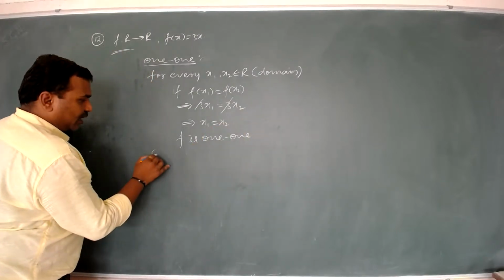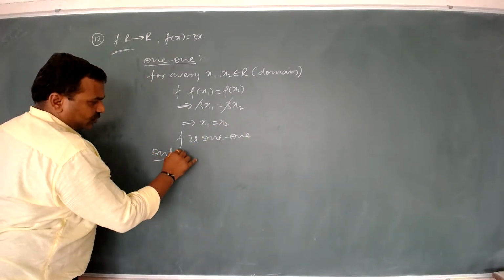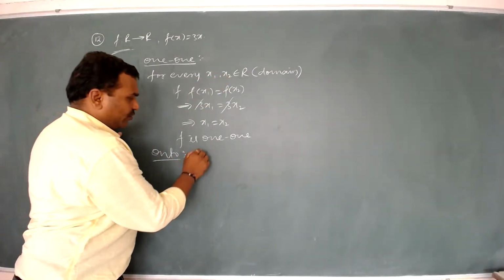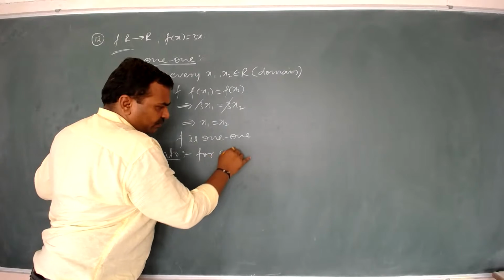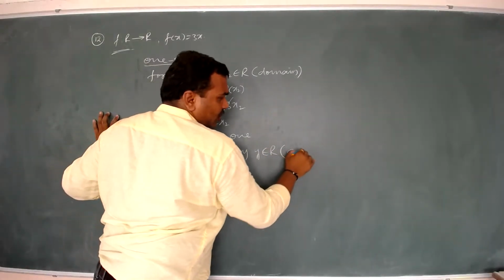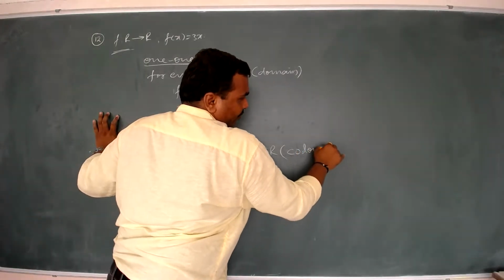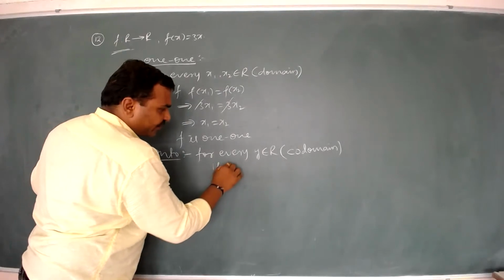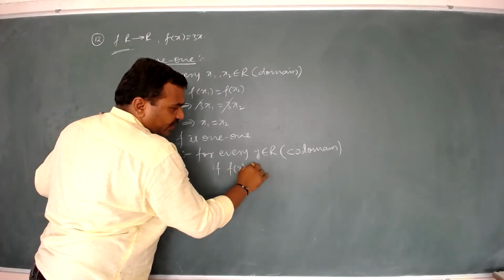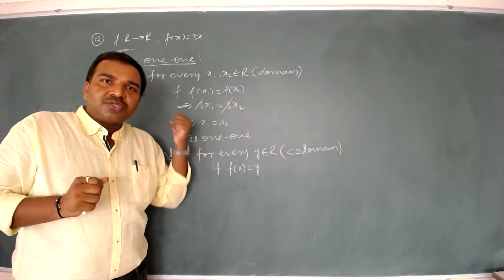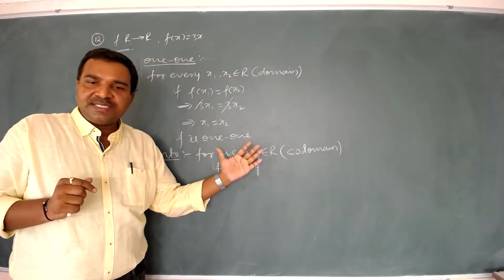Go for onto. So we know the process. It is very simple. For every y belongs to R, what is R here? Codomain. For every y belongs to codomain, if possible, f of x equal to y. Now we should calculate the x value. If that x value belongs to the domain, then we can say f is onto.